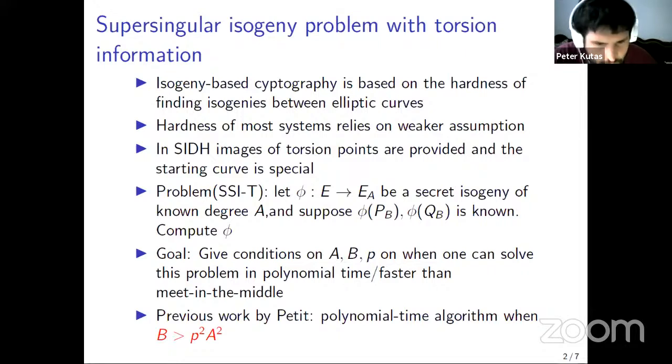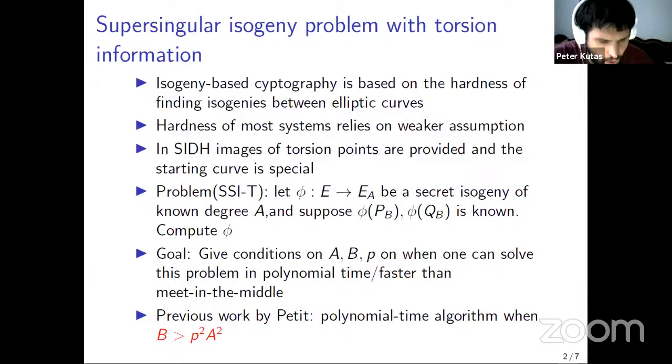So isogeny-based crypto is based on the hardness of finding isogenies between supersingular curves. But most cryptosystems are based on weaker assumptions, or at least seemingly weaker assumptions. So it's important to study these new and different hard problems. Especially in SIDH, there's the issue of torsion point images, and the fact that the starting curve is special in a sense.